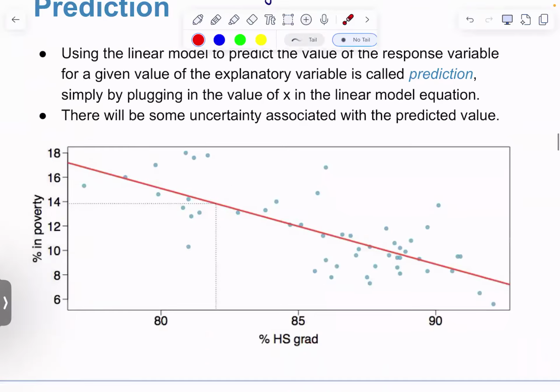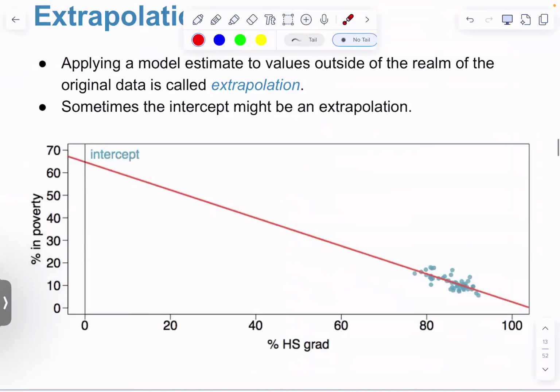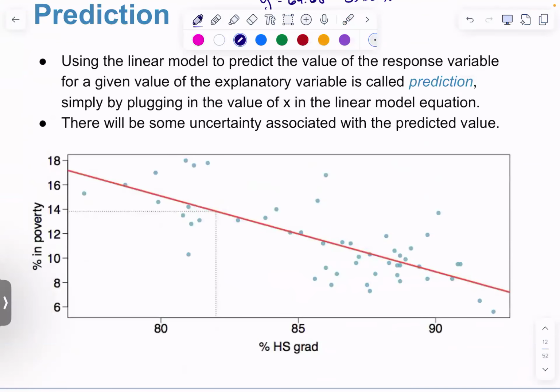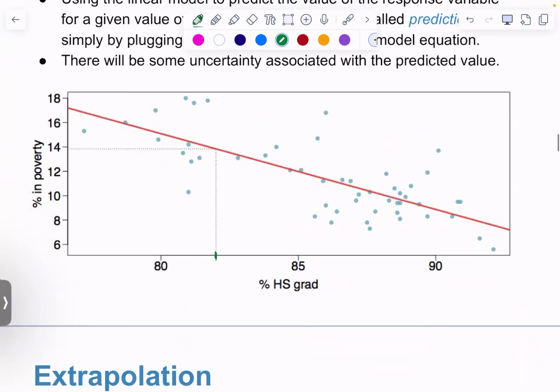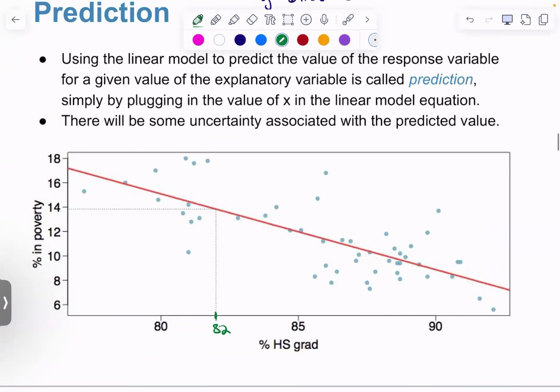So for example, let's pretend that this value here, what does that look like? 82 maybe. Ish. 80, not quite halfway between 80 and 85.